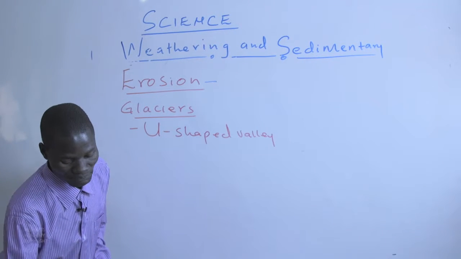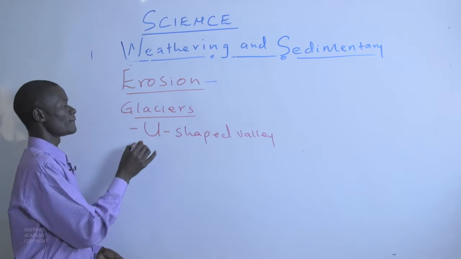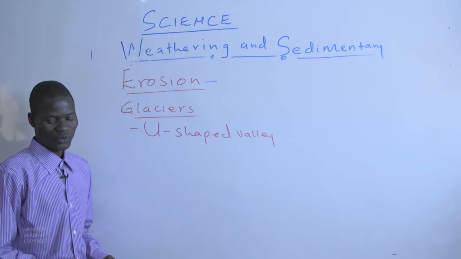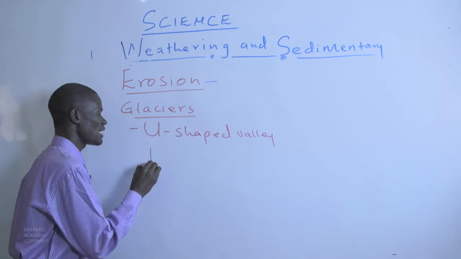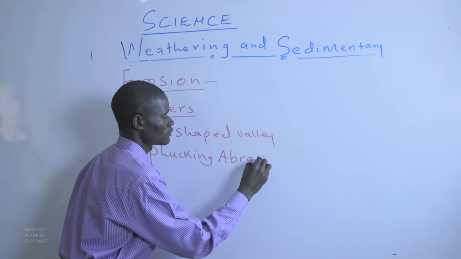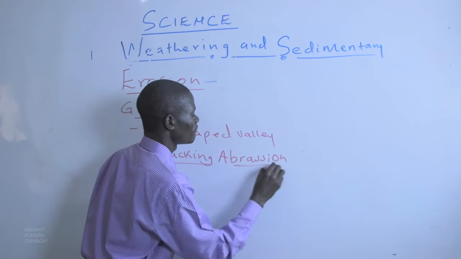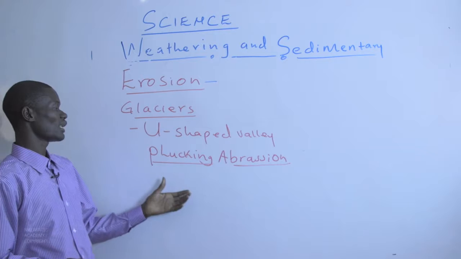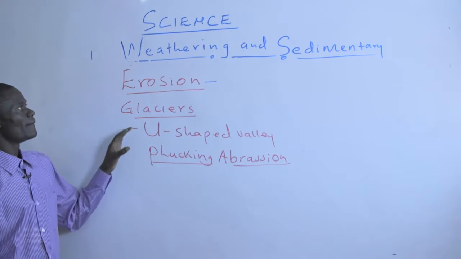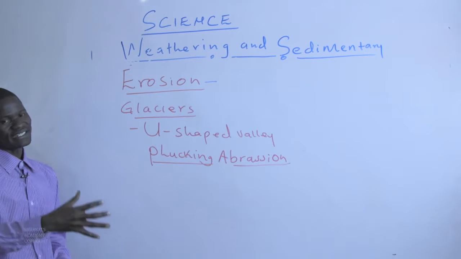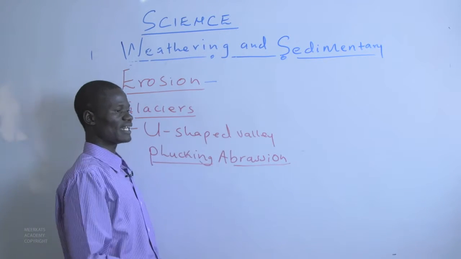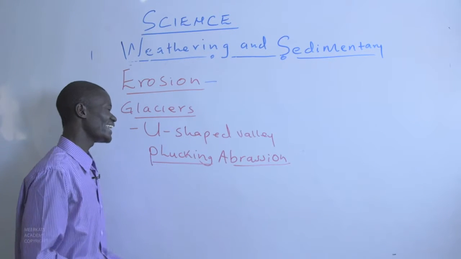As they form the U-shaped valley, the debris now being carried along by the glaciers will be broken down into smaller fragments by the process of plucking and abrasion, and this process may also aid weathering, leaving behind a U-shaped landscape, which is known as a U-shaped valley, especially in glaciated highlands.